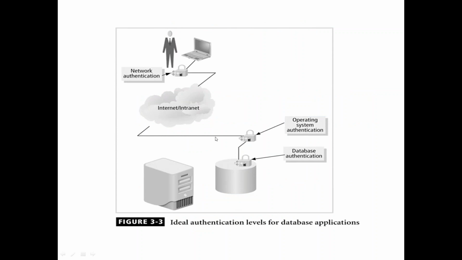You can see here a picture I have captured. This is a server and this is a database. If any user wants to access the database, maybe the user is trying to access through his machine, and that user first has to get network authentication to your organization, which we usually call a VPN. When we connect to any server, the first thing we need is access to our organization intranet.